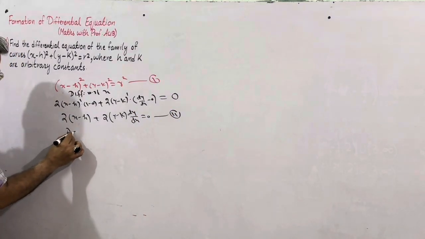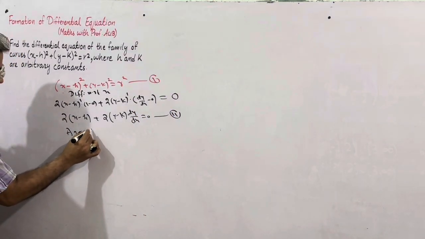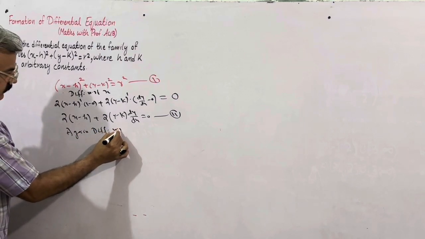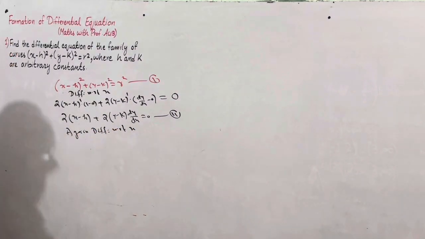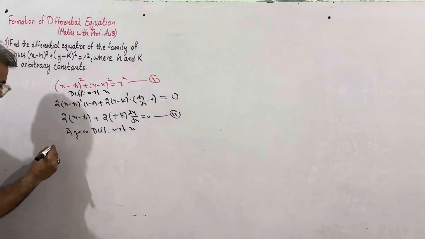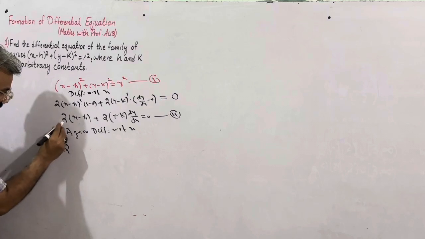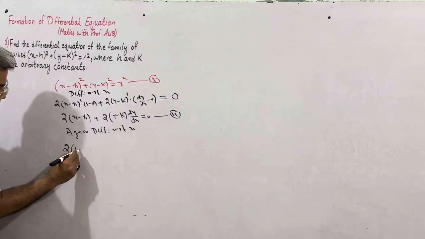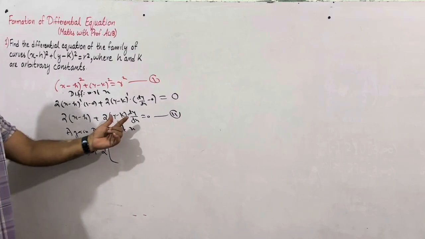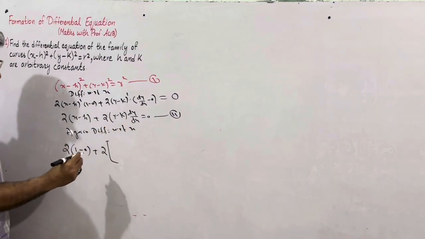Again differentiating with respect to x. Prior to this, if I multiply 2 throughout, okay, let me differentiate that. 2 times, differentiation of x is 1 and h is 0. Plus 2 times, apply here the product rule, because there are two functions in multiplication.